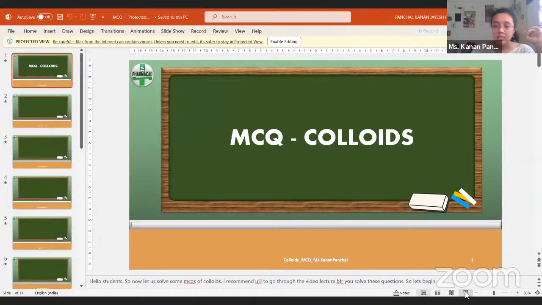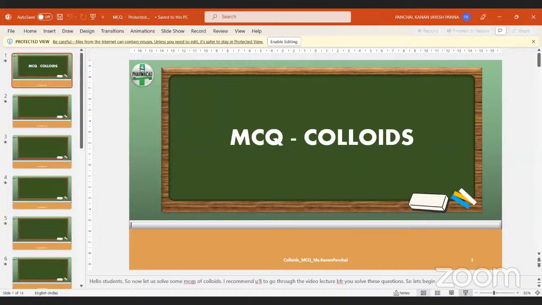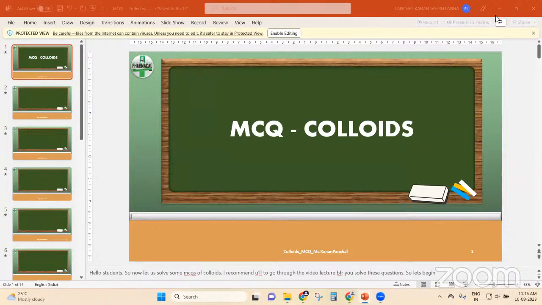Tell me if you all can see the screen. Can you all see the screen? Yes. Great. All right, fine.